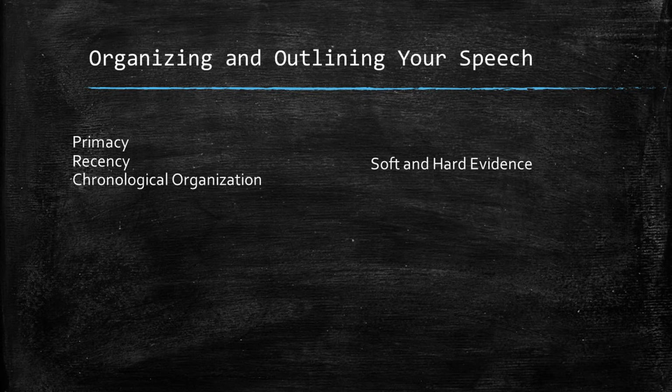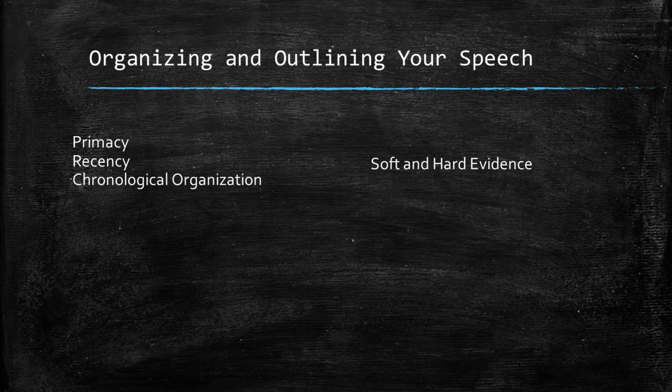Now for the body of our material, we're going to use some supporting material and some facts. We can use soft evidence and hard evidence. Soft evidence is the supporting material based mainly on an opinion or inference. It includes hypothetical illustrations, descriptions, and explanations. Now, hard evidence is factual examples and statistics.